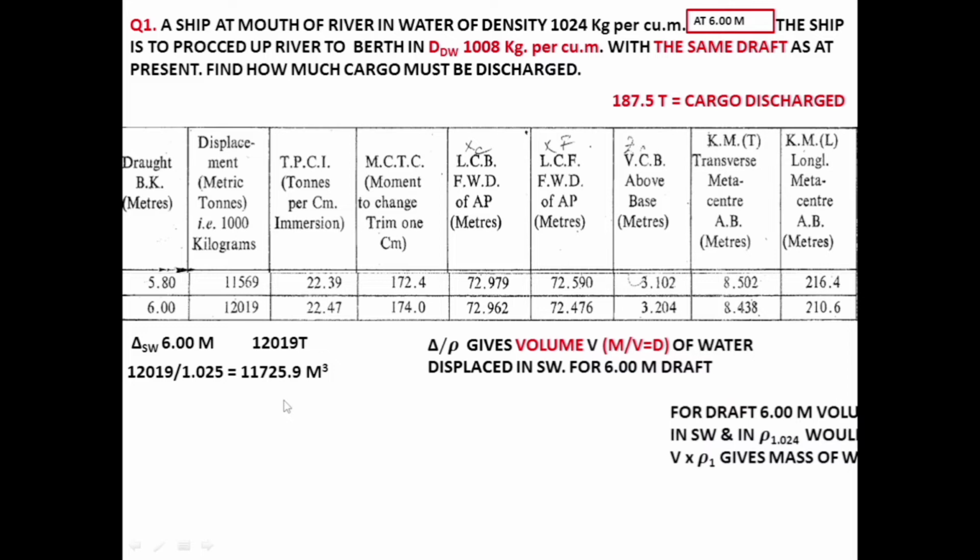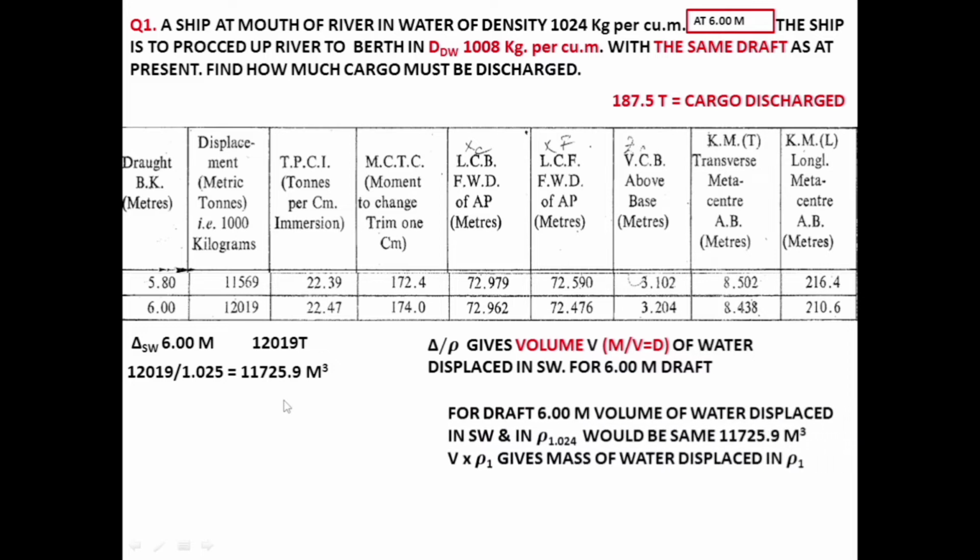And when the draft is 6 meters in a particular density, say 1.024, because the underwater volume is the same in salt water and in this density, it would be underwater volume into density. So this would be the displacement in 1.024.